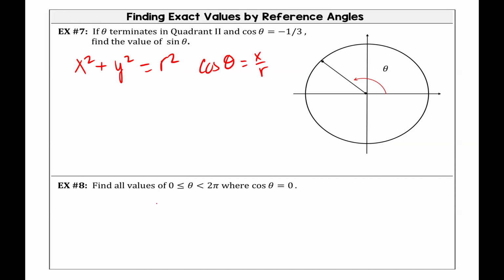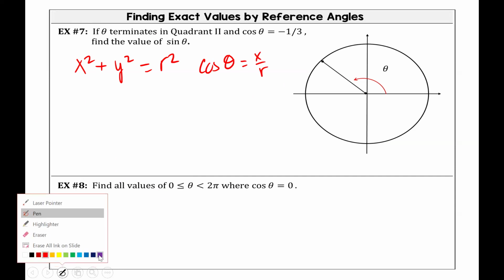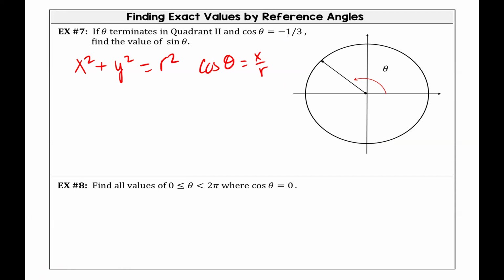X over r. So if cosine theta is x over r, and they gave me a fraction, we know that x is negative 1 and r is 3. This is my x, this is my r. Your radius is distance, and distance is always positive.